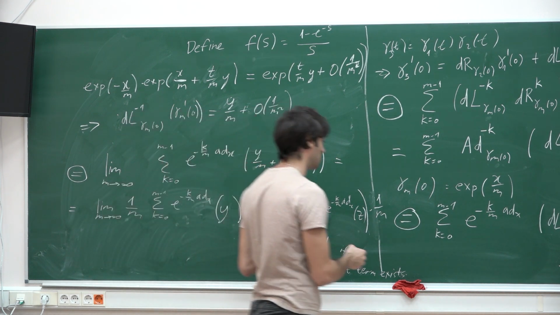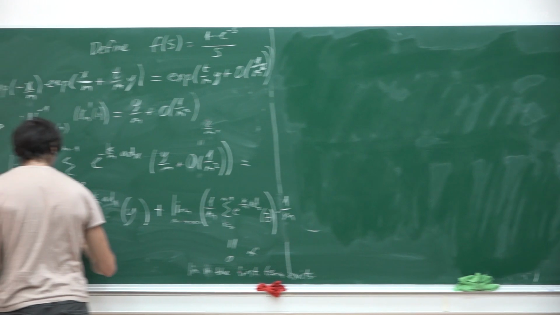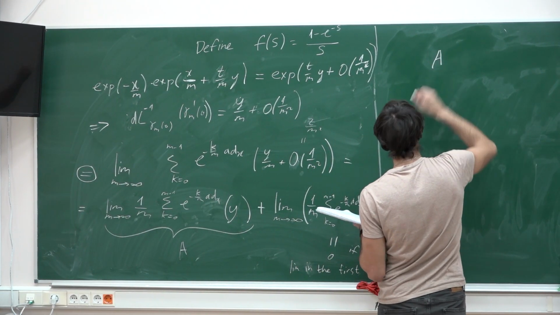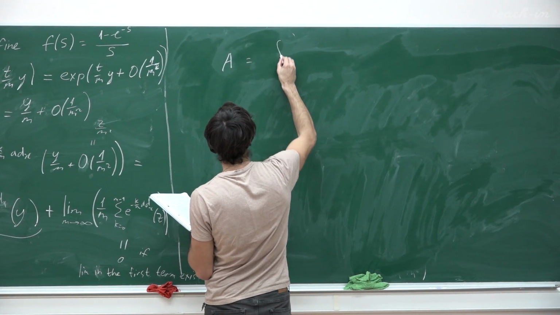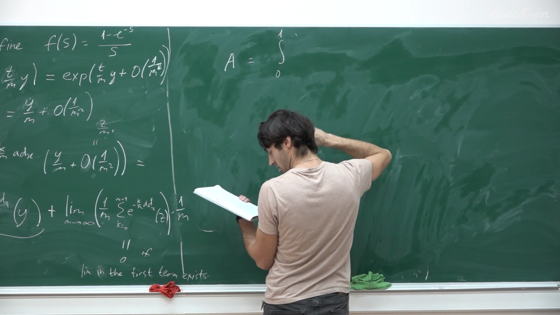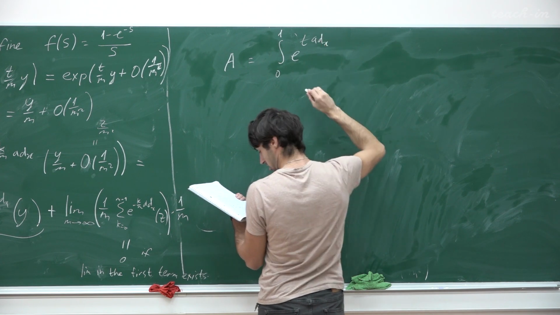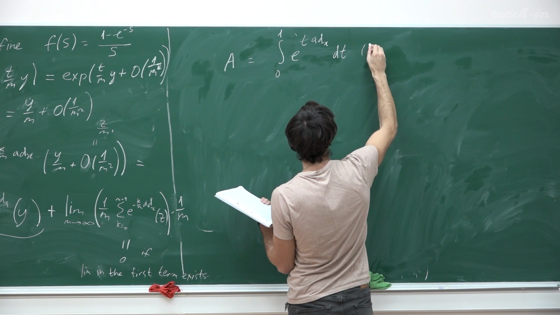So let me write this down. Let me denote this as a, and a is then the integral from 0 to 1 of e to the t ad x dt applied to y.